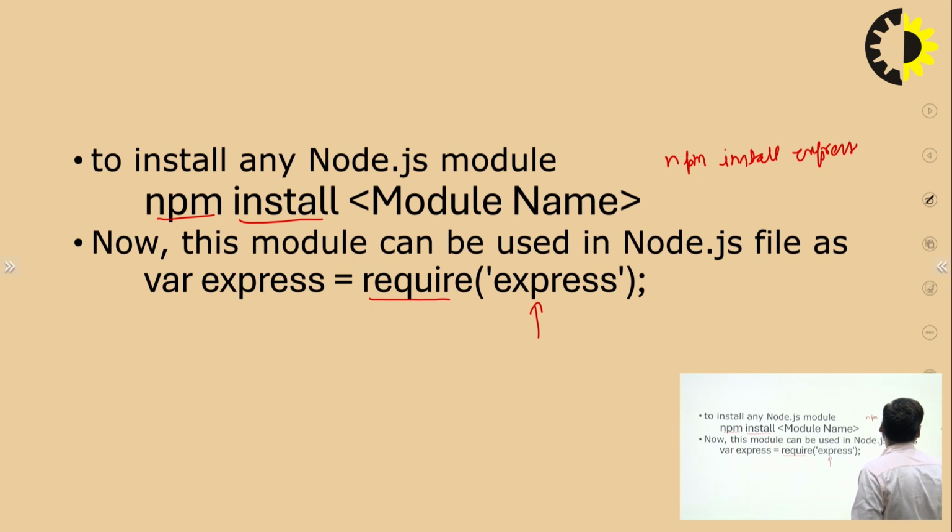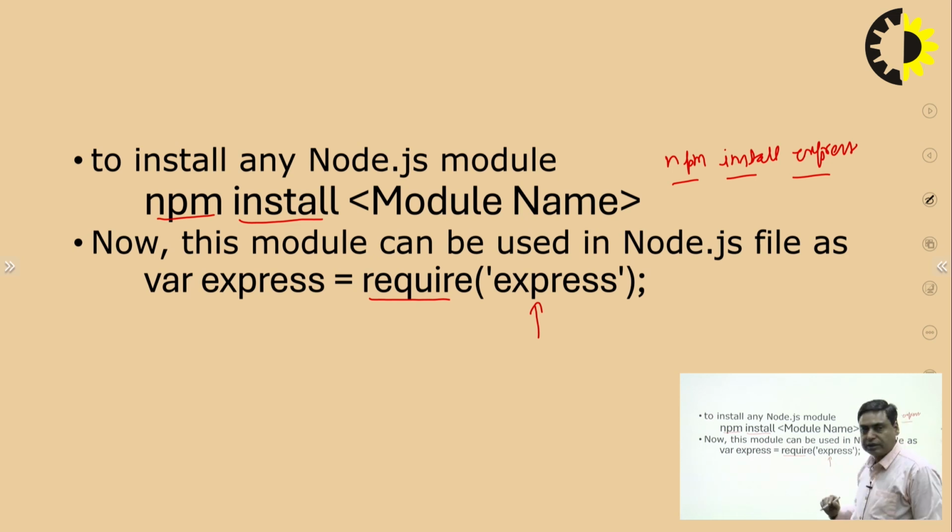express. The meaning is, if you want to use the express package in your application, you need to install it first. Just write npm install express, the package is already defined, and it will be installed on your local machine. Then we can use it in the program. For using the express package in your program, you will use require.